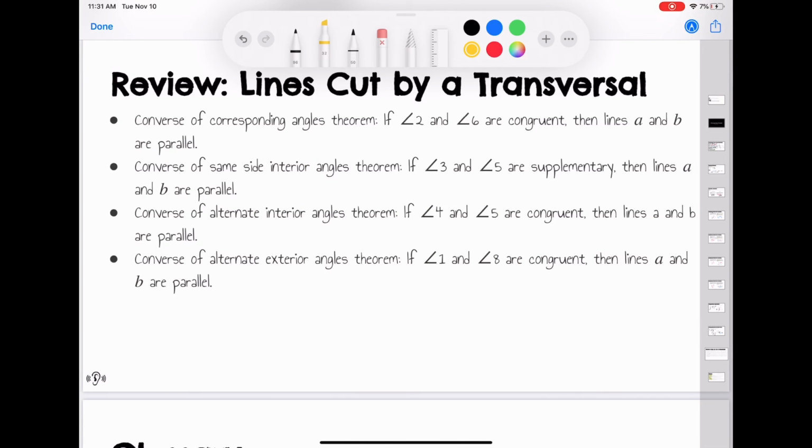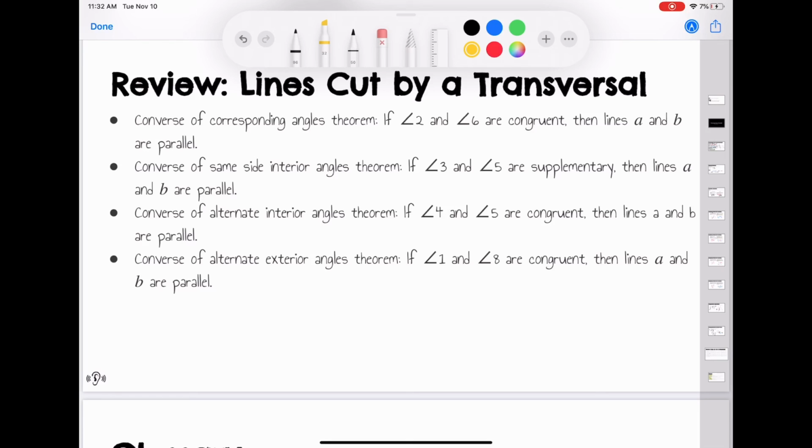Today we reviewed different converses, specifically the converses of the different theorems we learned in Unit 3, Lesson 4. The converse of corresponding angles theorem, the converse of the same side interior angles theorem, and the converse of the alternate interior angles theorem, and the converse of the alternate exterior angles theorem.